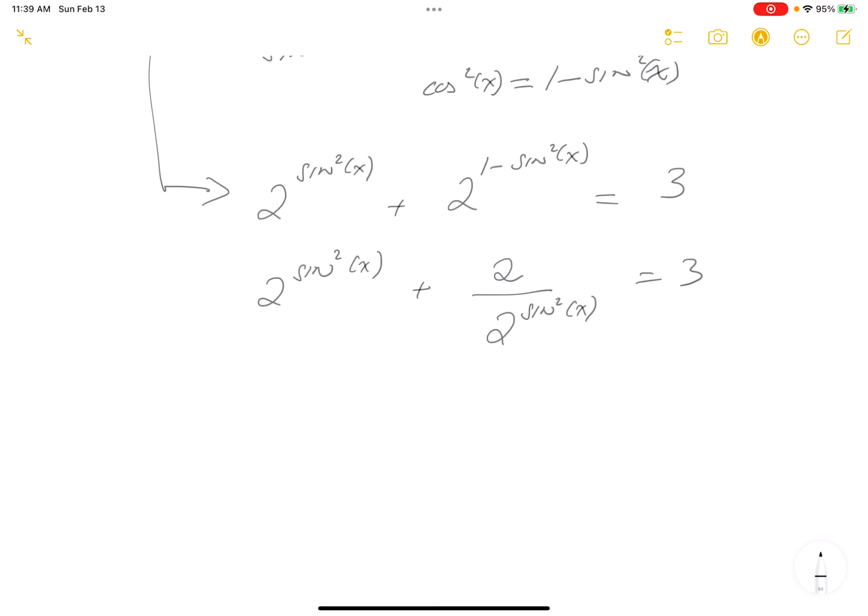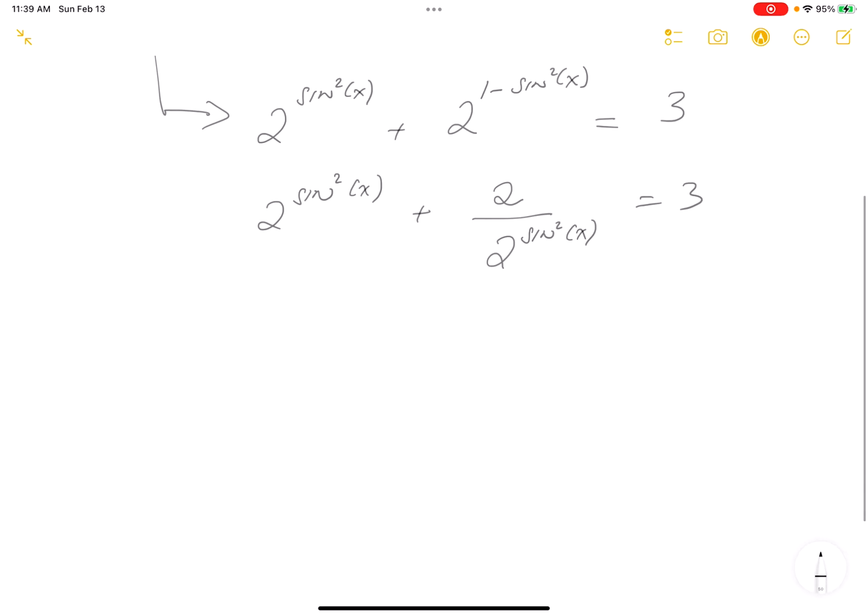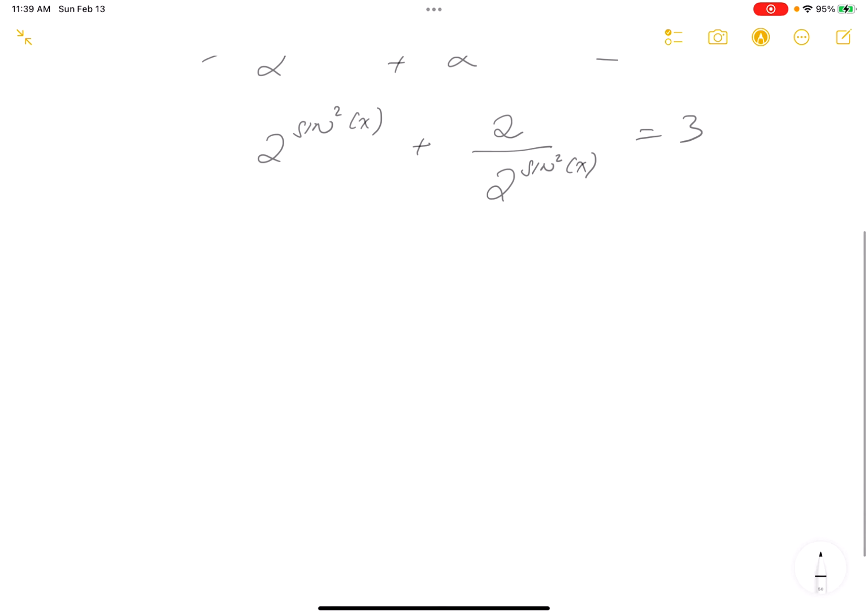Now, of course, this looks pretty complicated. I'm going to make a substitution, which you learned about in Math 119. Now, if it's something difficult, make a substitution. So I'm going to say let u equal 2 to the sine squared x. If I do that, what do I get? I would get u plus 2 over u is equal to 3.